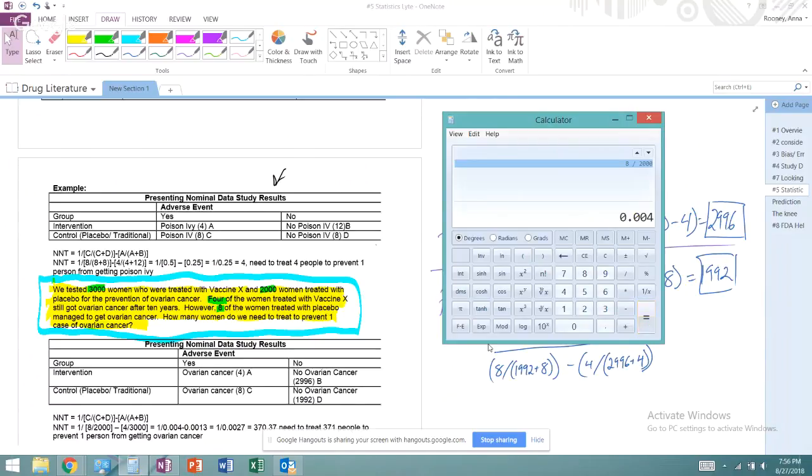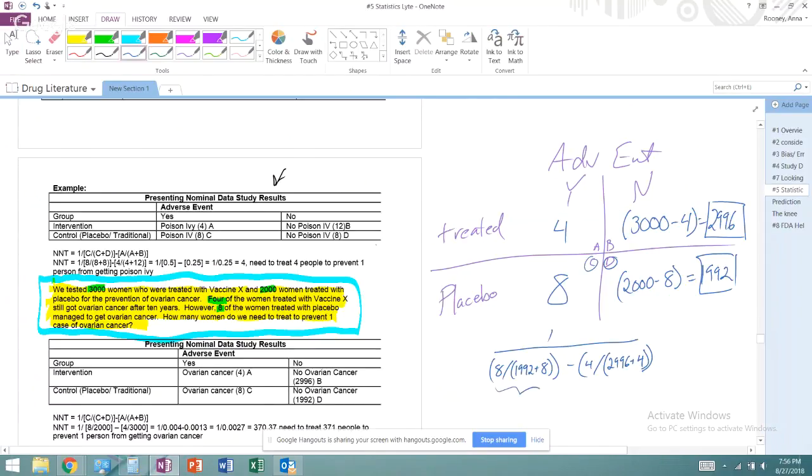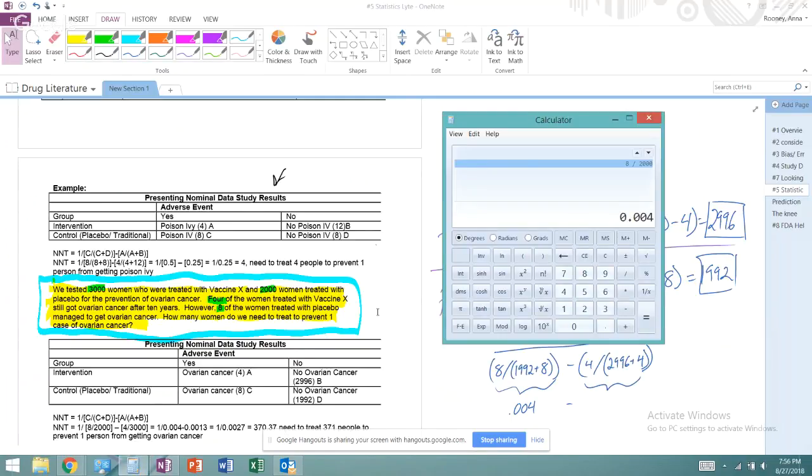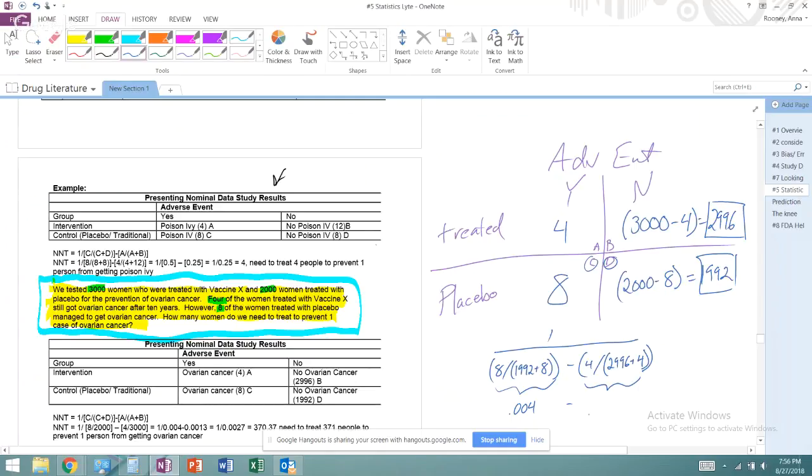So your first number on the bottom right here will be 0.004. And then your second number over here will be 0.0013. So what is your difference?